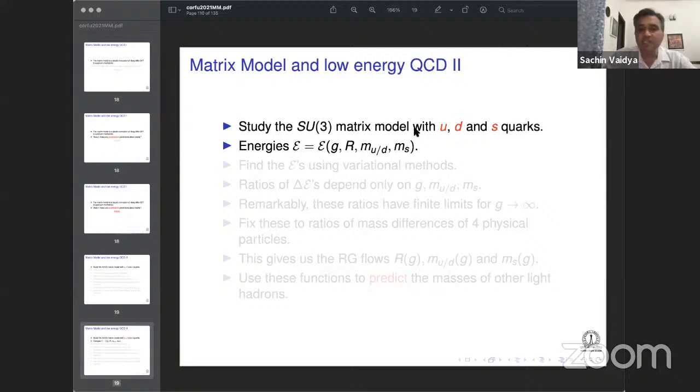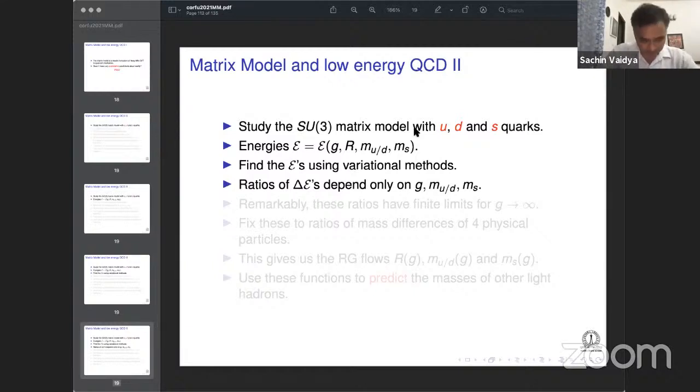And these energies depend on the radius of S3, which is capital R, the Yang-Mills coupling G, and then the bare quark masses m_u/d, which I have taken to be the same, and m_strange. So I've taken U and D quark masses to be the same, and the strange quark mass to be a different mass. And we can find the E's using variational methods.